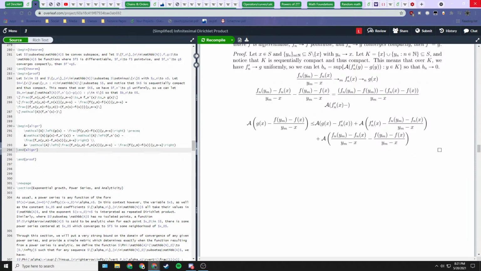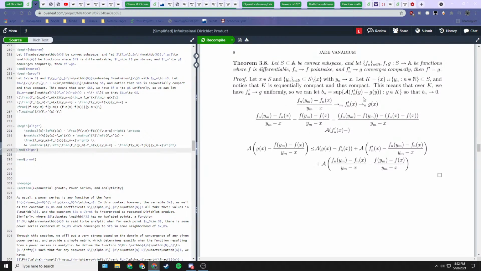Okay, so because we have pointwise convergence, if we can show uniform convergence with n across this compact K set for these y sub m's, and that should probably be true, I think.